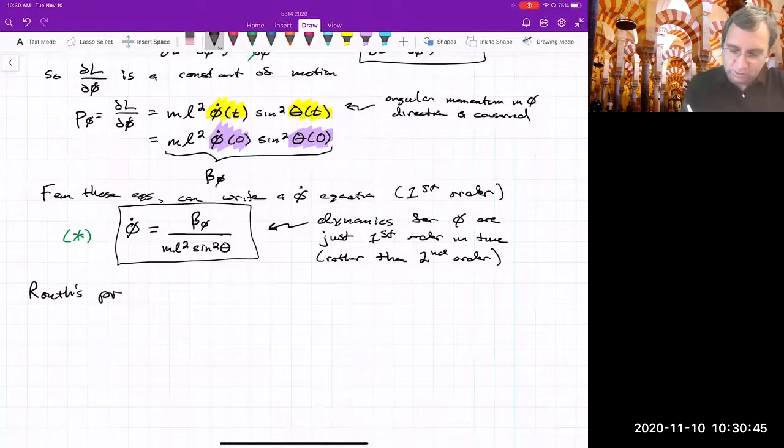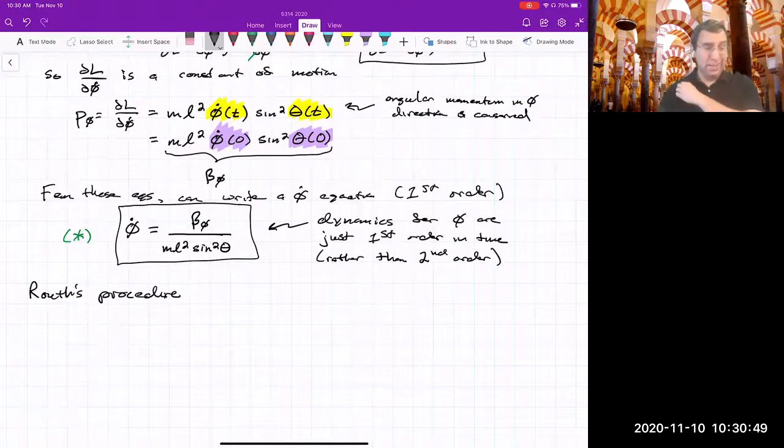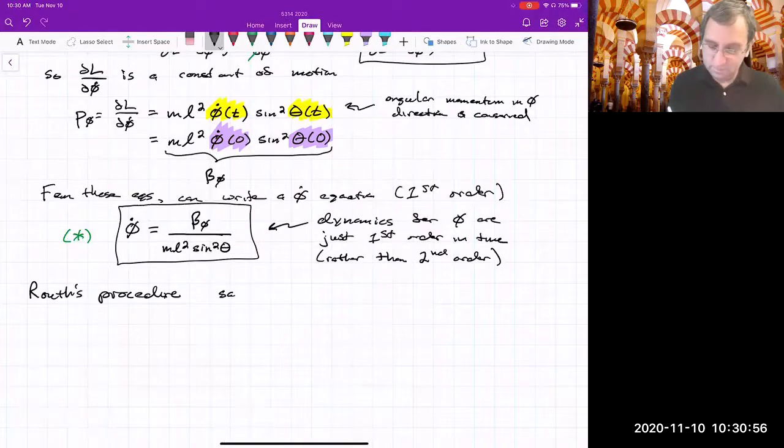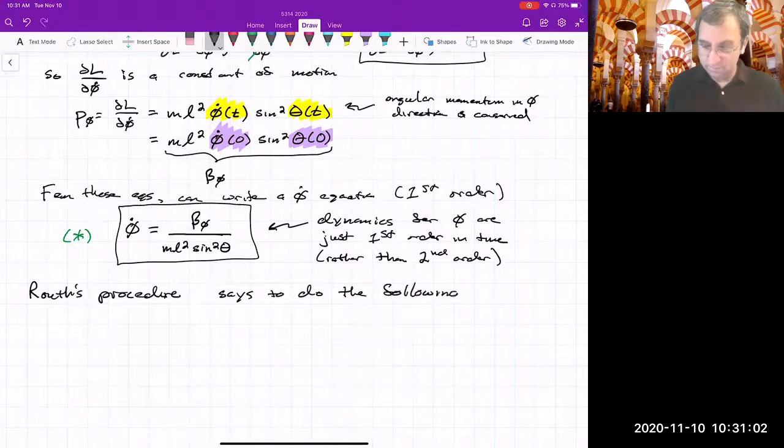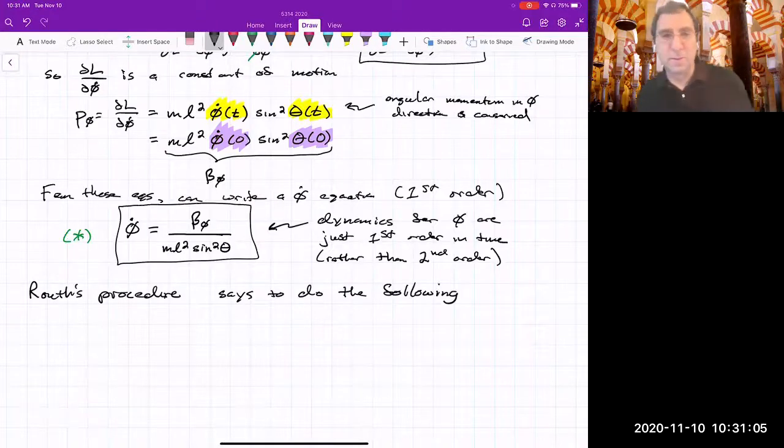or Routh's procedure, it's sometimes called Routhian mechanics, but I think that's a bit of a stretch. Routh's procedure says to do the following. You create a new function, which of course Routh named after himself. So it's the Routhian.